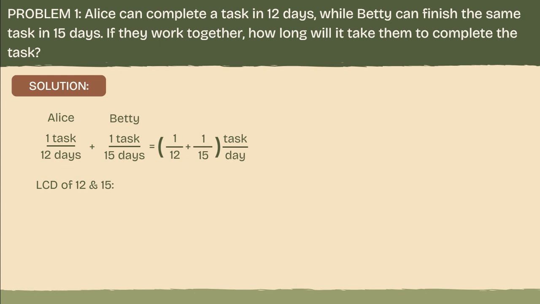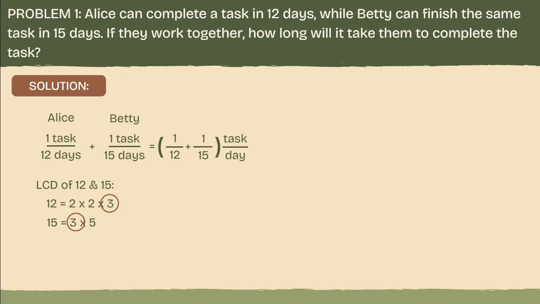We can get this by factoring out our denominators. For 12, that is 2 times 2 times 3, while 15 is 3 times 5. Now, notice something important. Both numbers have a factor of 3. To get the LCD, we only write the common factor once. Why?